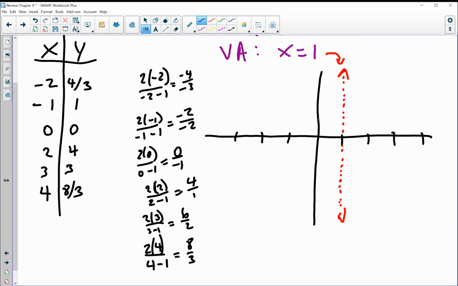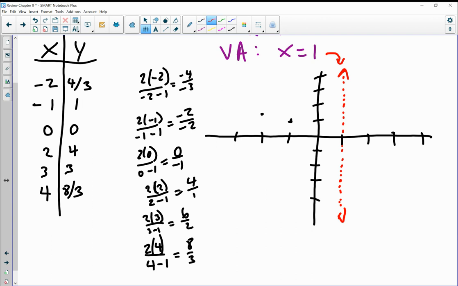Okay, so let's graph this. All right, -2, 4/3. So it'll be a little bit above 1. -1, 1, and then 0, 0.